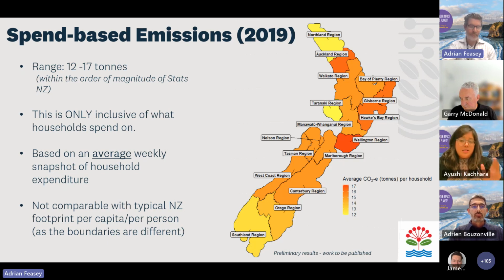So as Adrian B mentioned previously, using a hybrid approach is what we would try and do in the future, but this is where we are at. And once again, these are preliminary, yet to be published, but that's our findings on the household economic survey and household consumption.